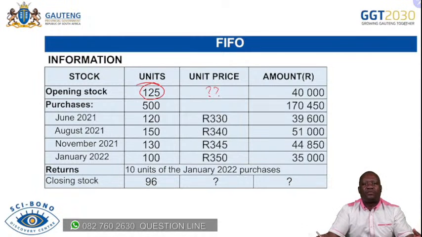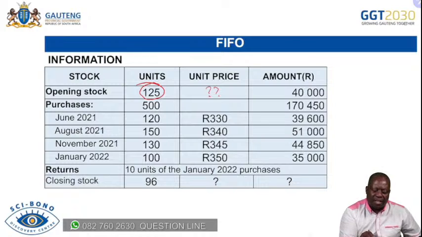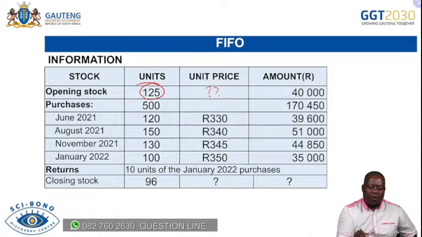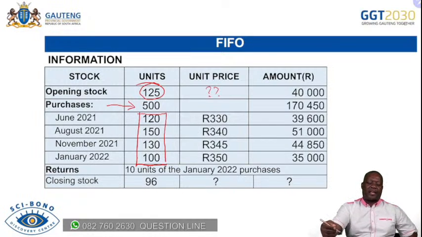It's possible. And you know how. We can divide 40,000 by 125 units. But anyway, it's not what we are looking for now. And then, another key feature here is the purchases. Check here, the purchases. Now, the purchases figure is found after having added all these items.